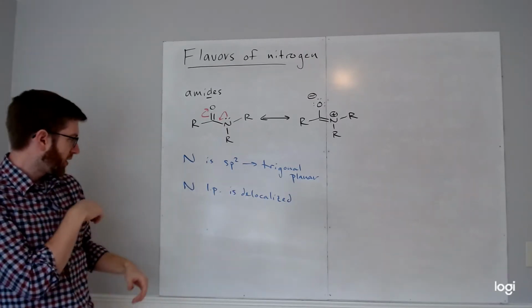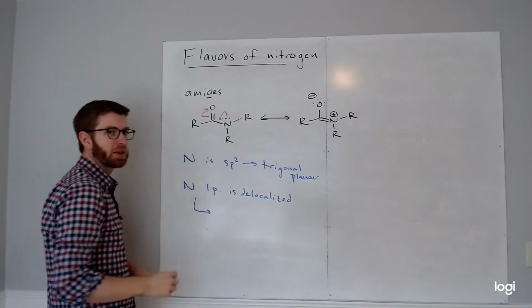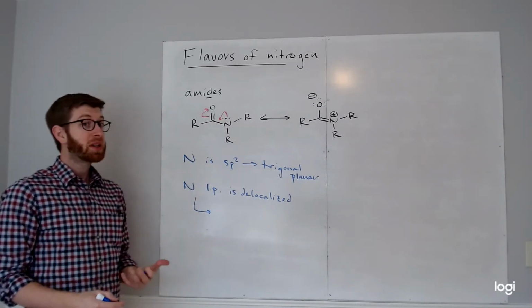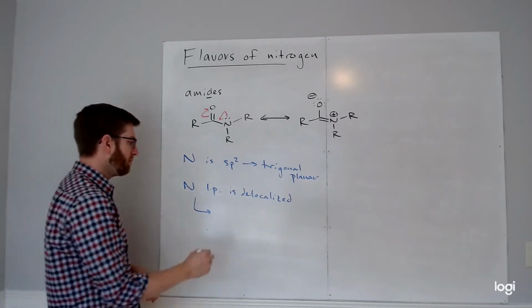We also know that the lone pair is delocalized, and that tells us a few things. This delocalization is stabilizing to the lone pair, and so we would expect, one, for the nitrogen to be less basic than an amine.